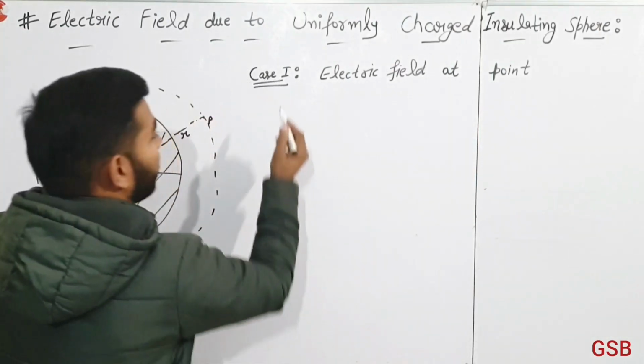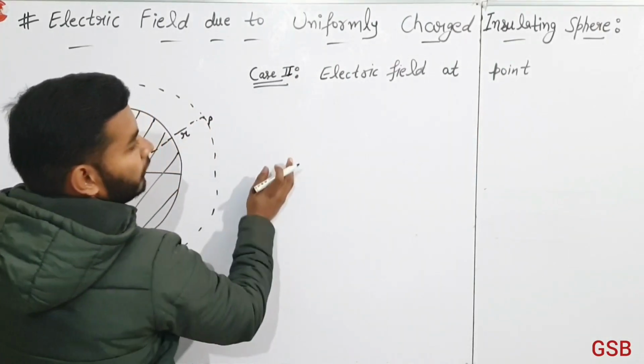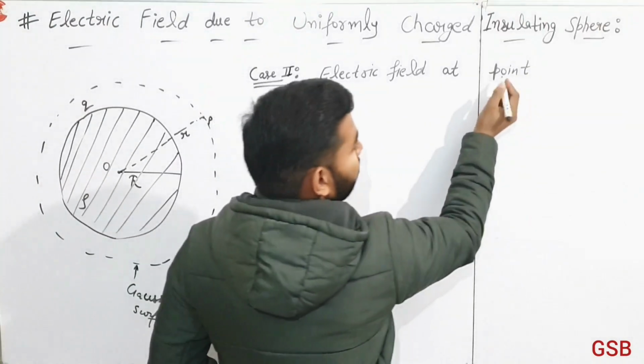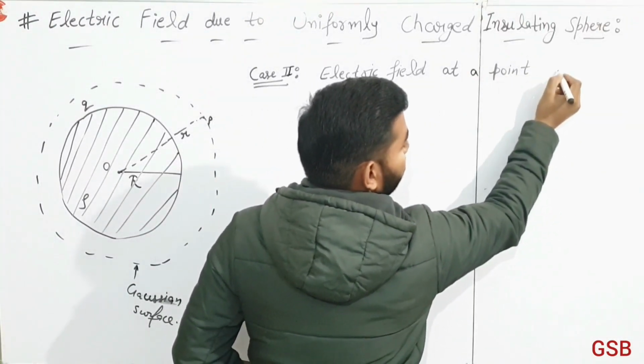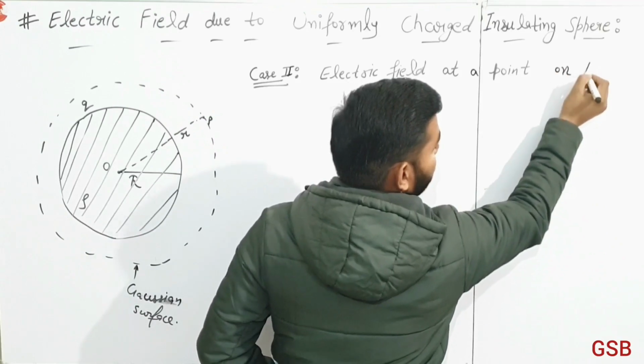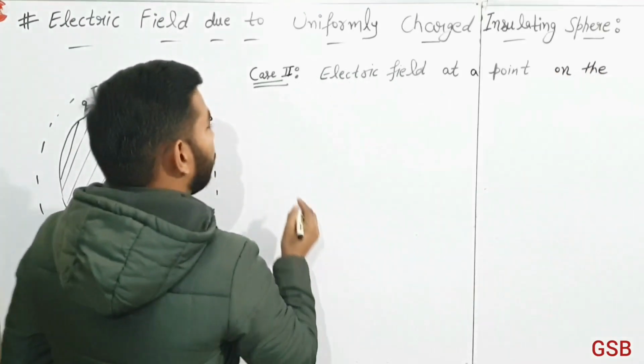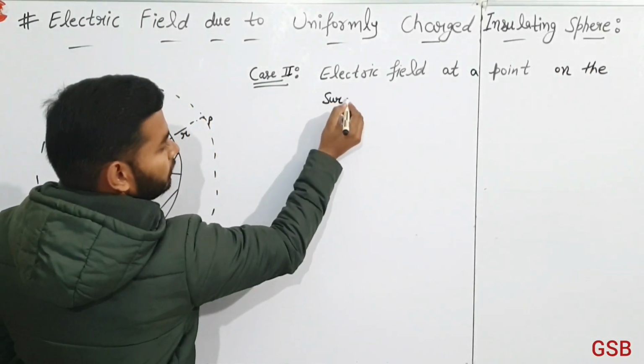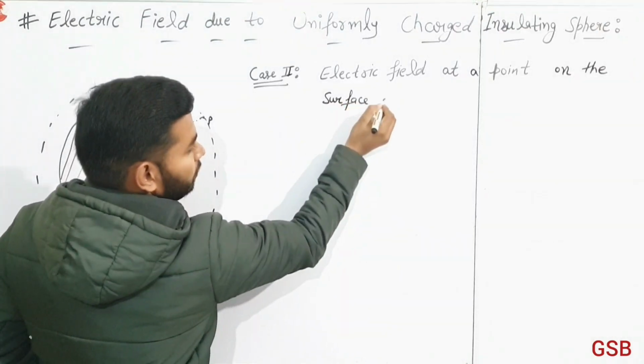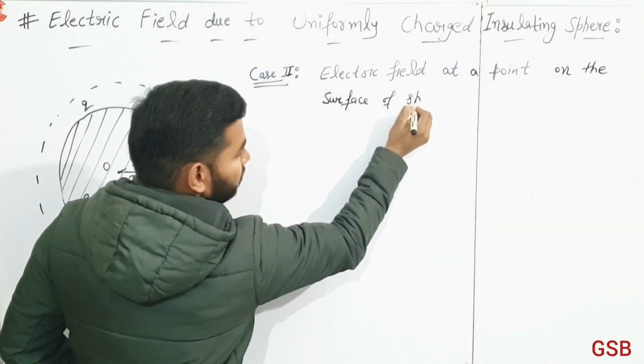Now, case number second, electric field at a point on the surface of the given sphere.